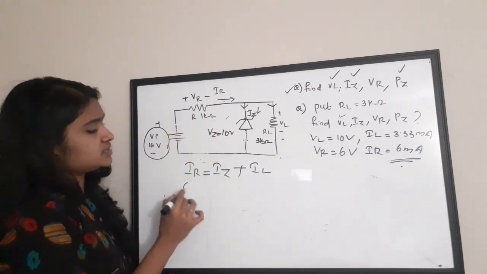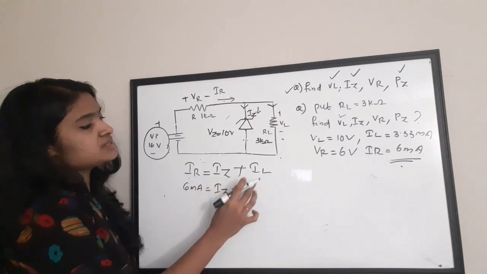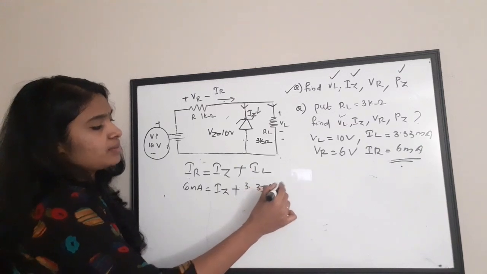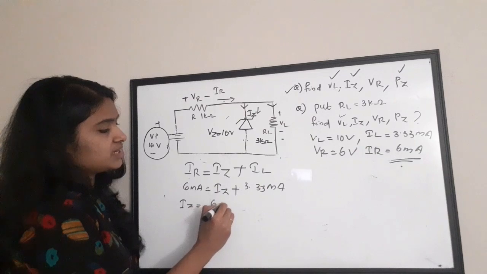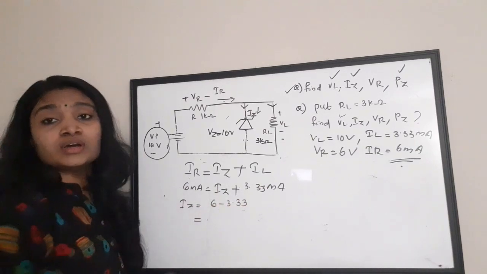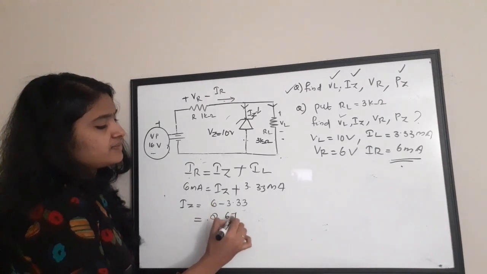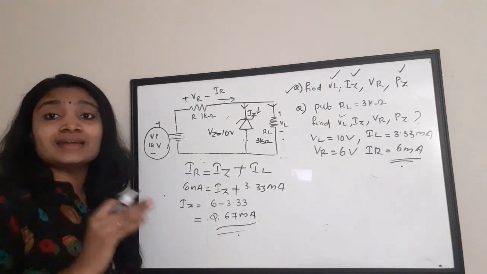So IR is 6 milliampere. 6 milliampere is equal to IZ plus IL, whose value is 3.33 milliampere. So what will be the value of IZ? IZ is equal to 6 minus 3.33. The value of IZ is 2.67 milliampere, the Zener current.